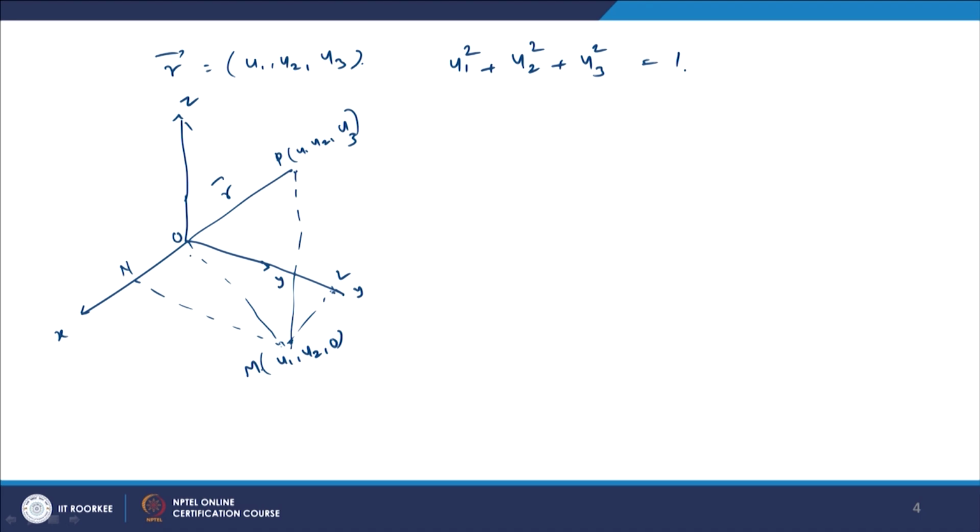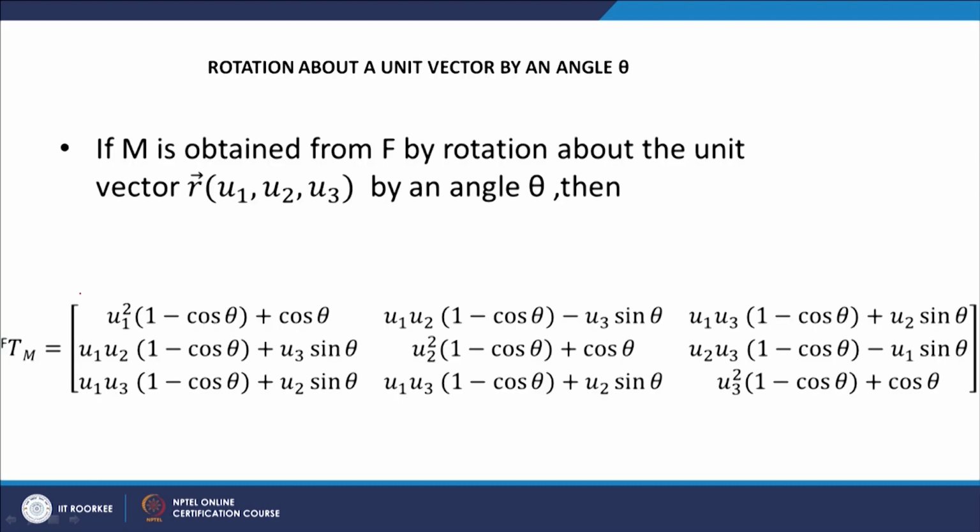So, if we assume that this angle xOM we call beta, and MOP we call this angle alpha, the rotation matrix is given by this particular formula, a 3 by 3 matrix given by this expression.